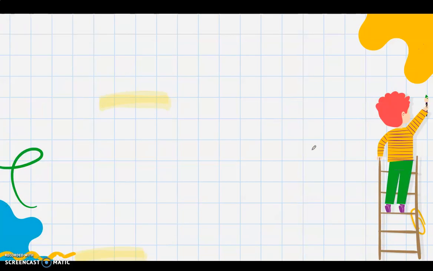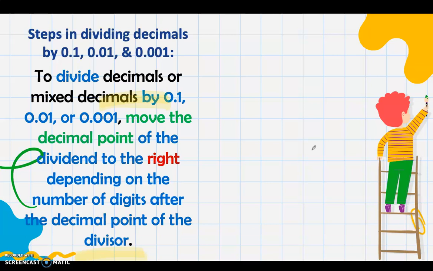Next, what if you're going to divide by 0.1, 0.01, or 0.001? To divide decimals or mixed decimals by 0.1, 0.01, or 0.001, you just have to move the decimal point of the dividend to the right depending on the number of digits after the decimal point of the divisor.